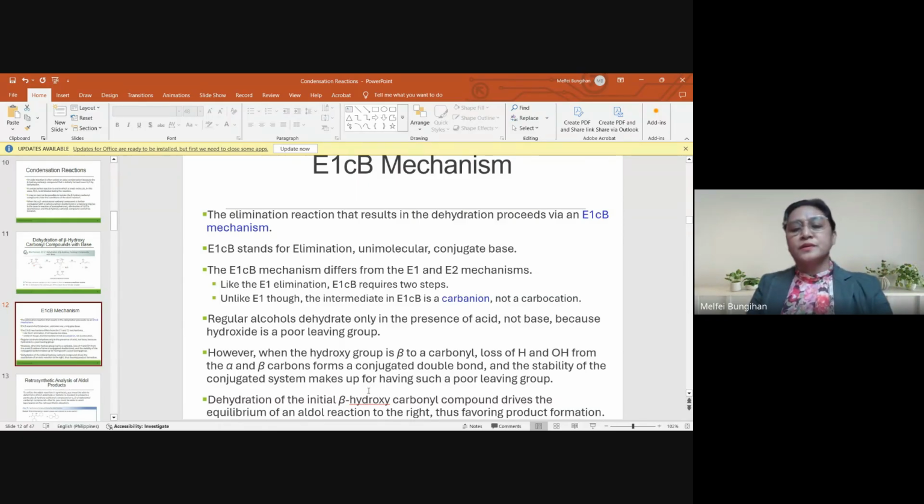So it makes up for the poor leaving group characteristics of the hydroxyl. So, the dehydration of the initial beta hydroxycarbonyl compounds drives the equilibrium, favoring the product formation. So take note the mechanism is E1CB.